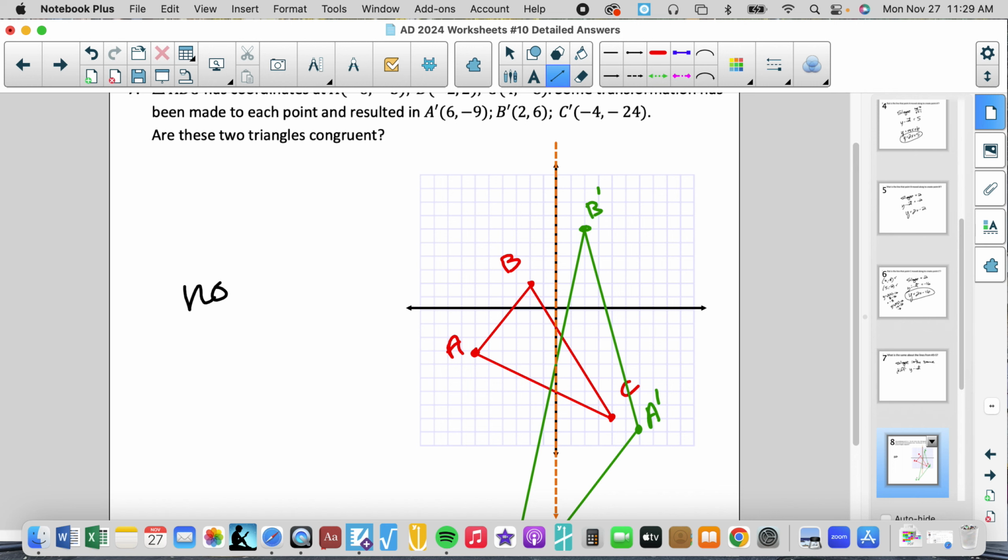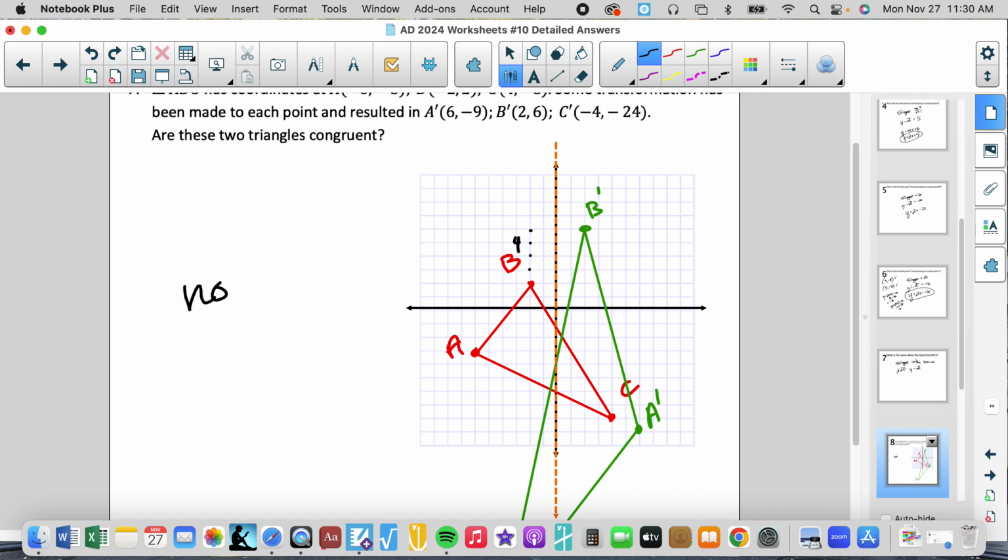So A didn't stretch as much proportionally. Let's show what I mean by that. B to B prime is 4.